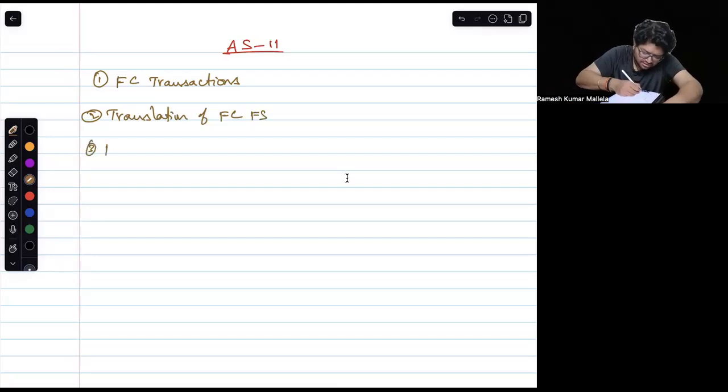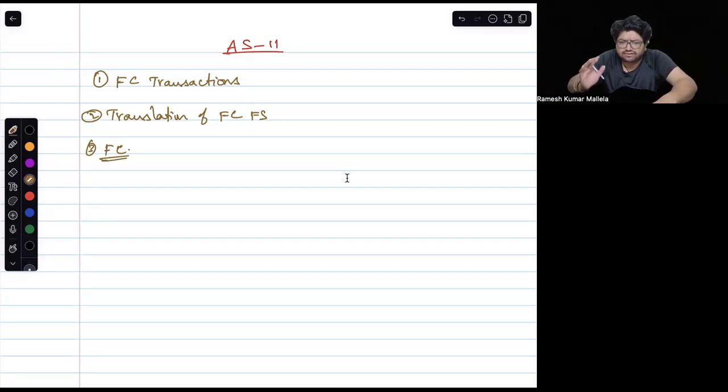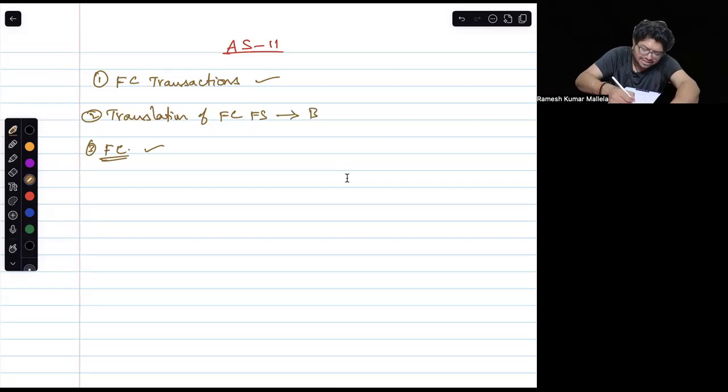Third is forward contracts. Out of these, we will see foreign currency transactions and forward contracts in this standard. Translation of foreign currency financial statements, we will discuss when we do branch accounts.